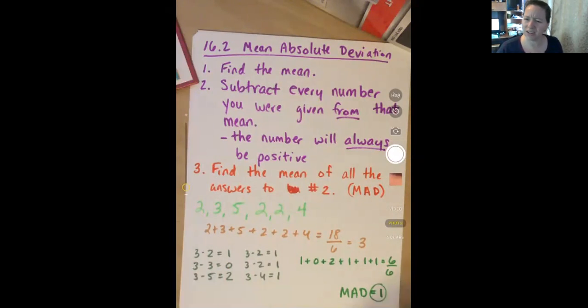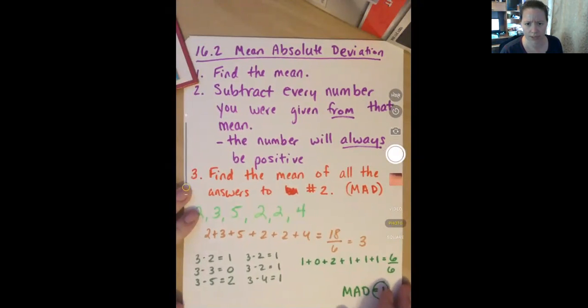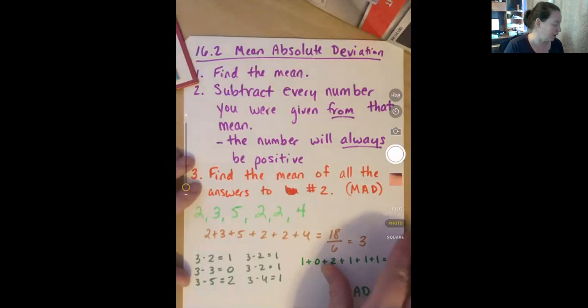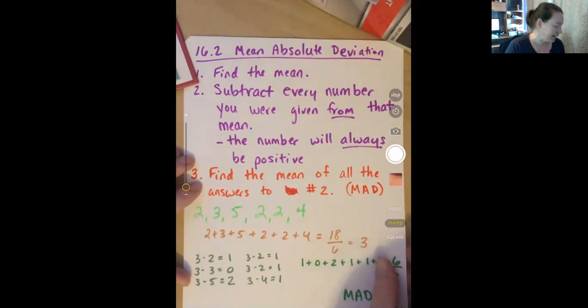Let me look. Sorry, guys, I think I was getting you confused with another class. This is all that we need to know about it, just how to do this. Okay, so that's how you find the mean of absolute deviation. Let's go over to the guided practice on 461 and do that.